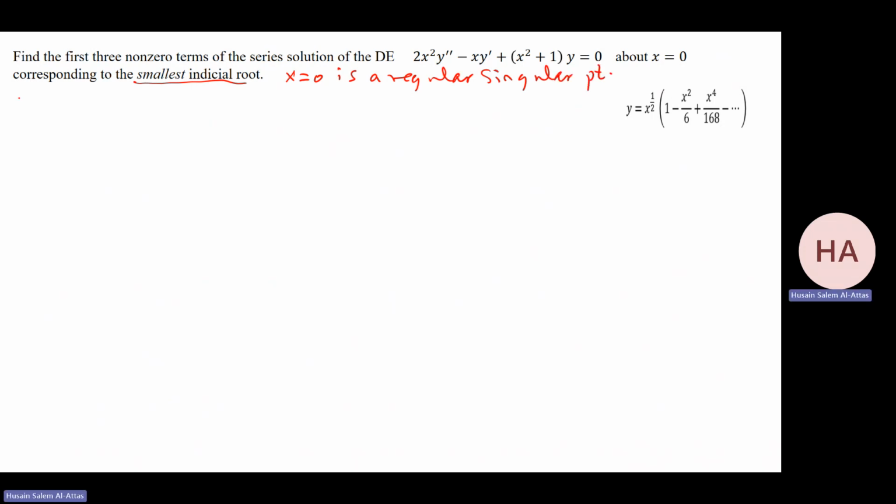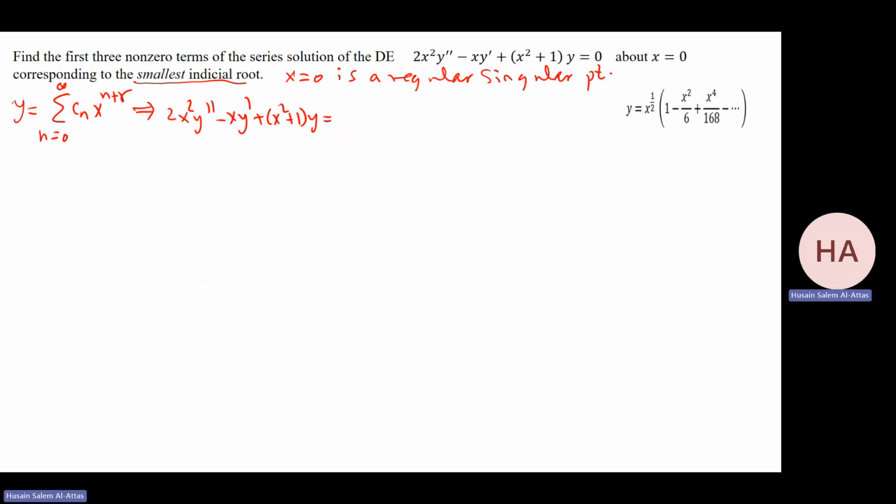So what I will do, the solution will be like this. Let me save time, just plug it into the equation. So I have 2x squared y double prime minus 6y prime plus x squared y plus y equals 0.